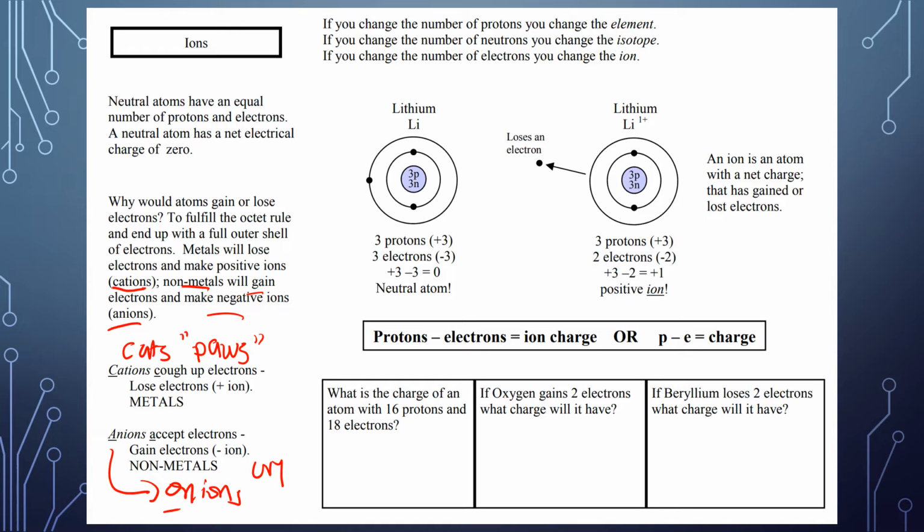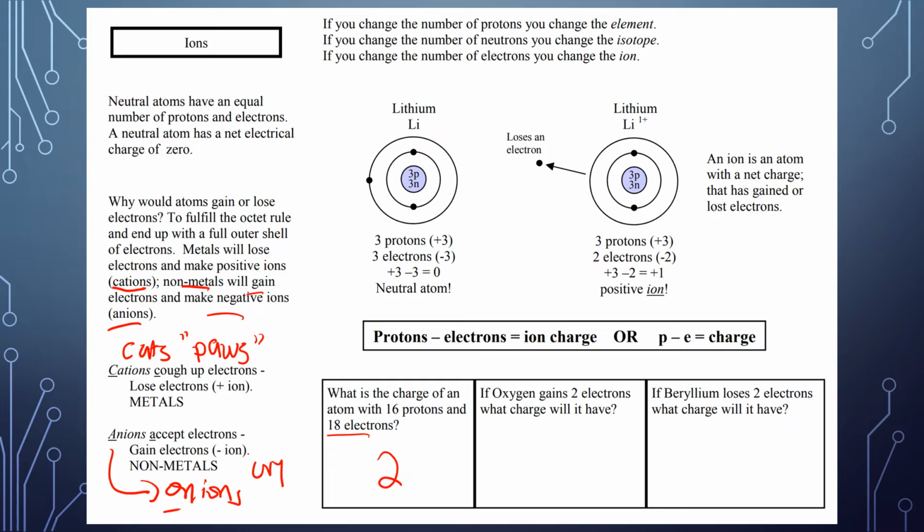So what is the charge of an atom with 16 protons and 18 electrons? Your protons minus electrons will give you your charge. So I have 16 protons minus 18 electrons. If you'll notice, I have 2 more electrons. That means I have a 2 minus charge.